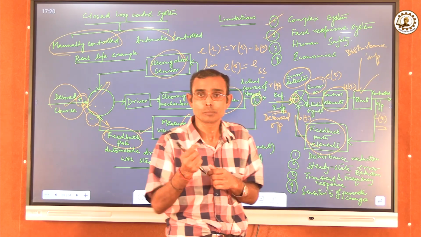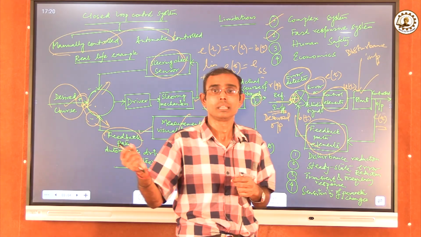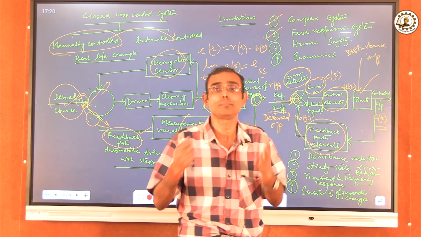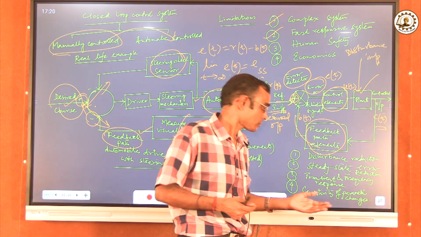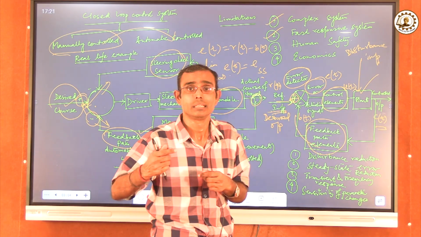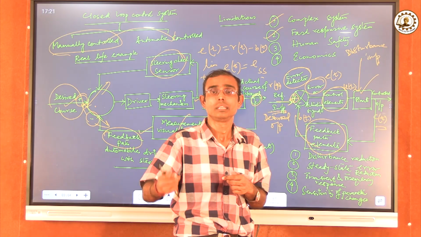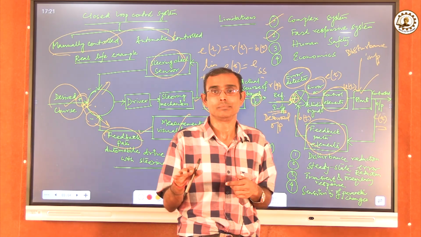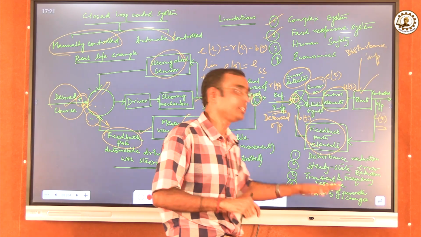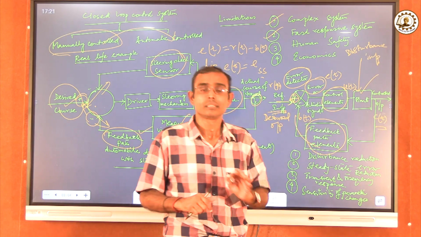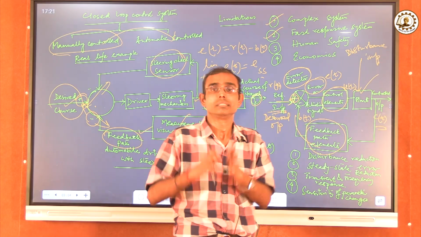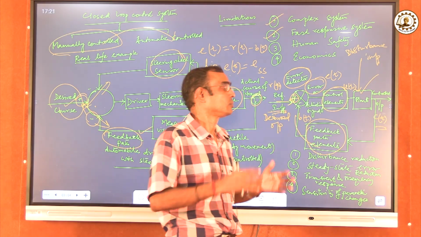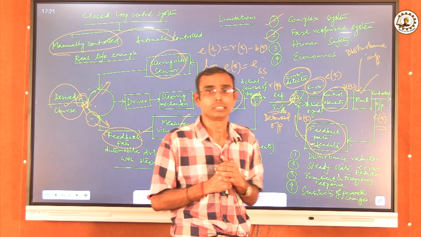If for a small change of those disturbances the actual working parameter of the plant changes quickly, that means it is highly sensitive. If it changes less quickly, then it is lowly sensitive. Therefore, sensitivity to parameter changes of the plant is very important to understand and analyze for the proper working of the closed loop control system.